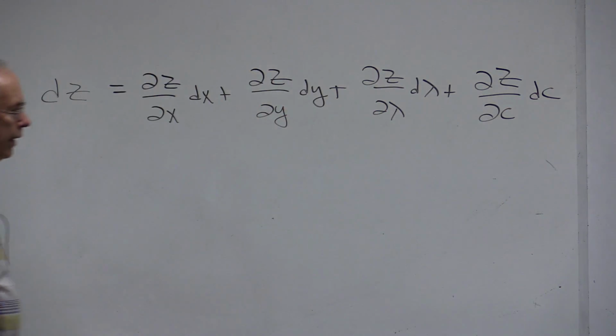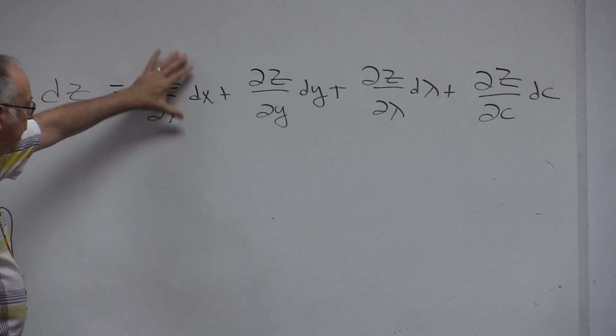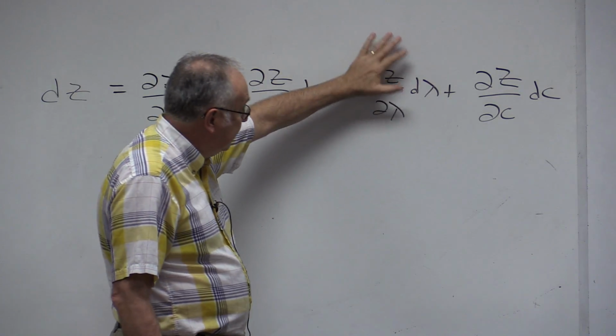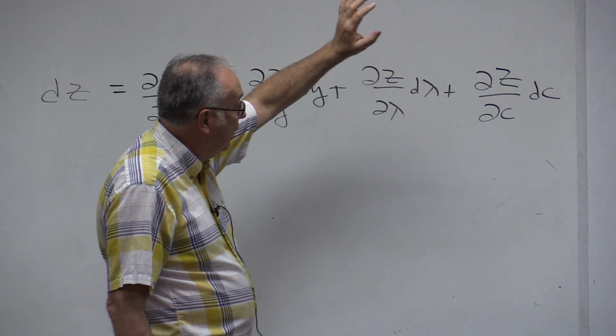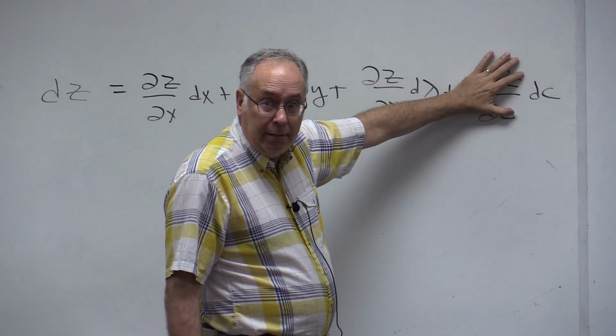Because now we're thinking that Z depends on four things: X, Y, lambda, and C. So the total differential has to be this. Total change in Z must be the change in Z due to the change in X, plus the change in Z due to the change in Y, plus the change in Z due to the change in lambda, plus the change in Z due to the change in C.